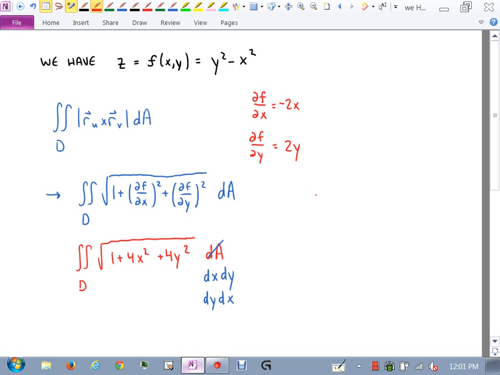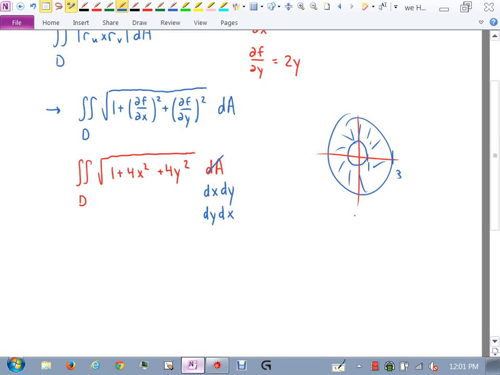I'm looking at this region on the ground. It was radius 3 and radius 1, right? So what would be my conversion here? Theta and r? Can you tell me what theta is between? 0 to pi.